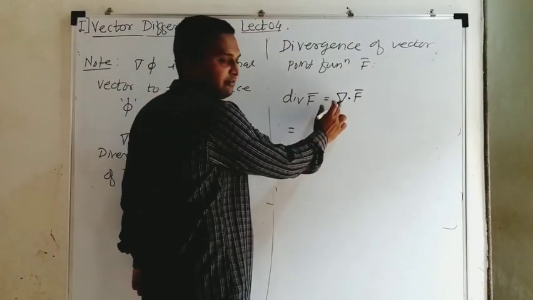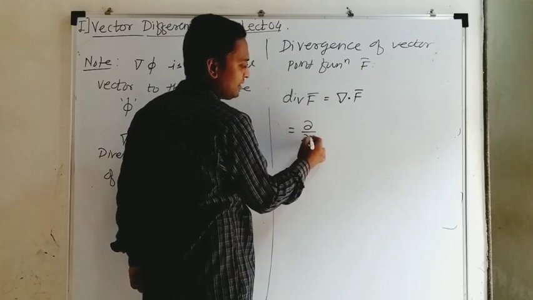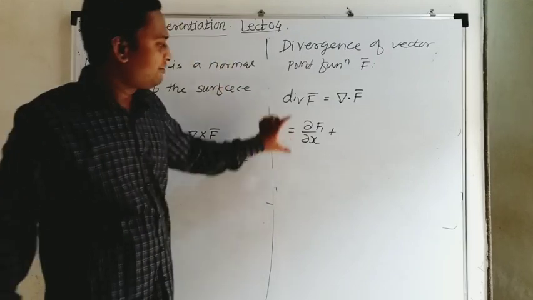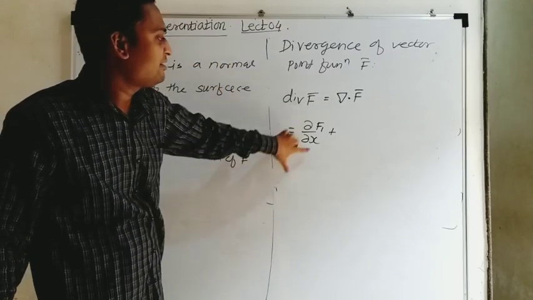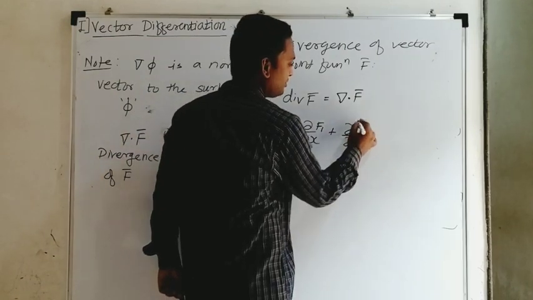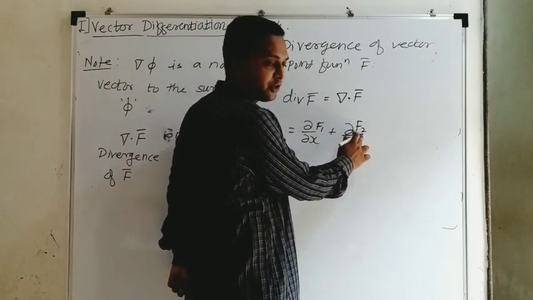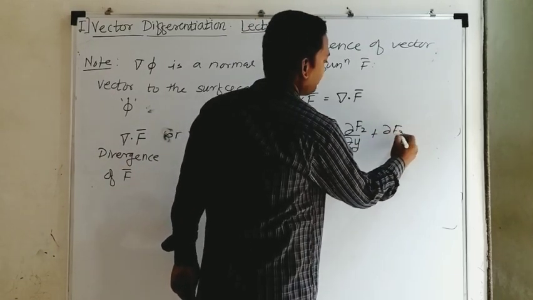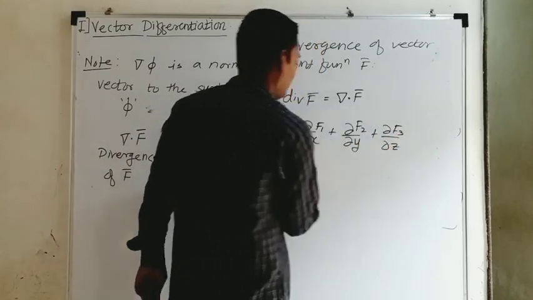So the i component of del is del by del x, and the i component of f bar is f1. So the first quantity will be del f1 by del x. The next quantity will be del f2 by del y, since the second j component is f2, and here it is del by del y. And the third is del f3 by del z, and no i, j, k.